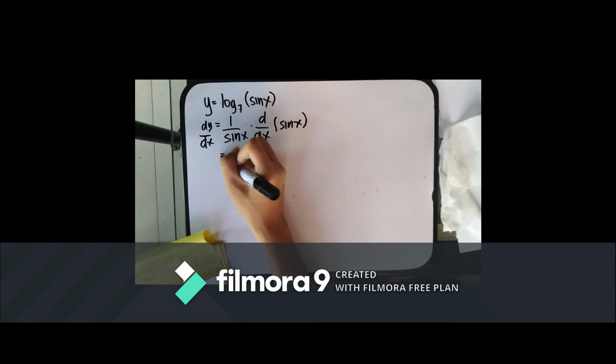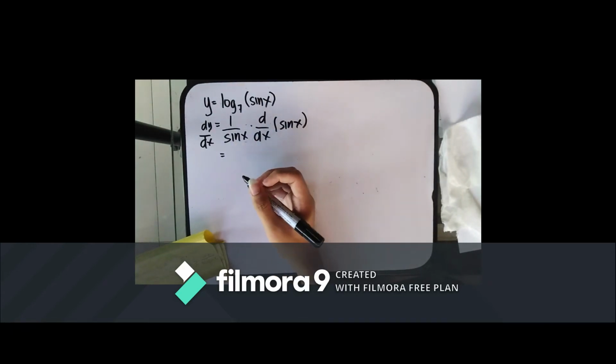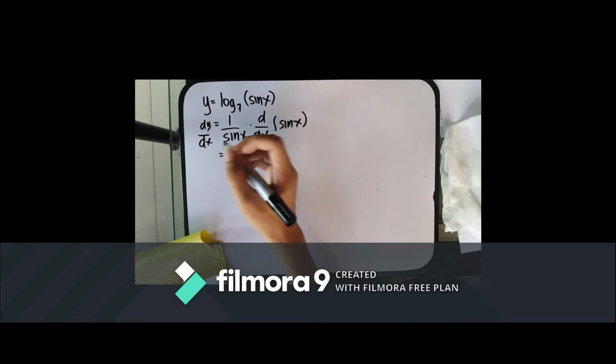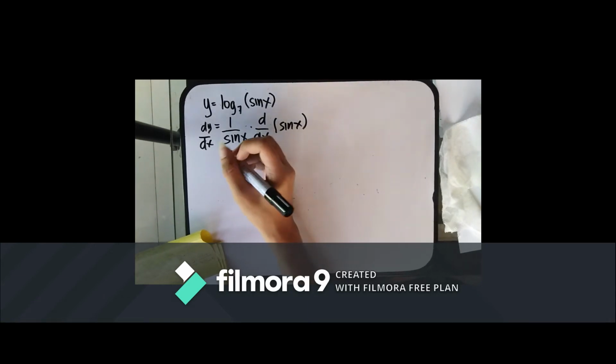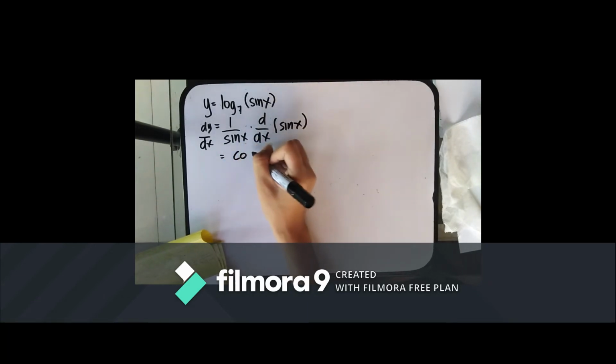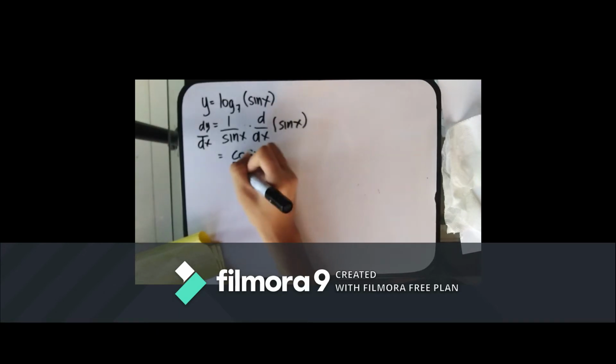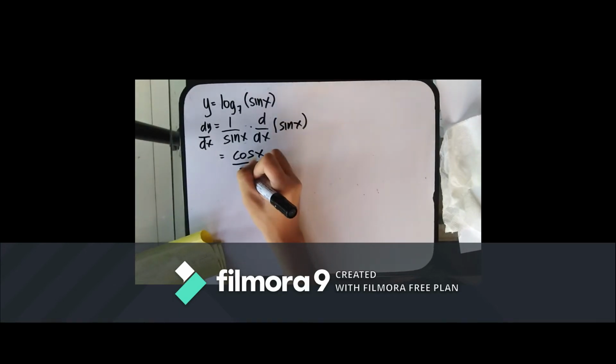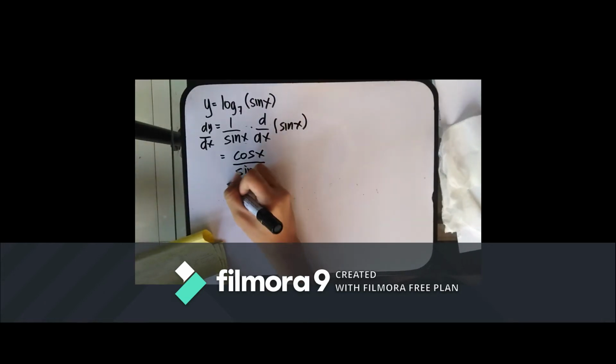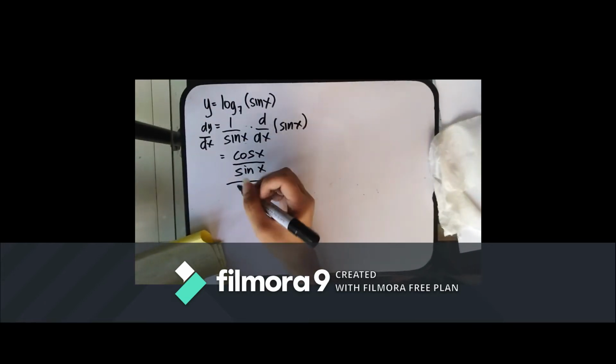After that, derive the sine. The derivative of sine is cos x, then copy the sine as the denominator, over the ln 7.